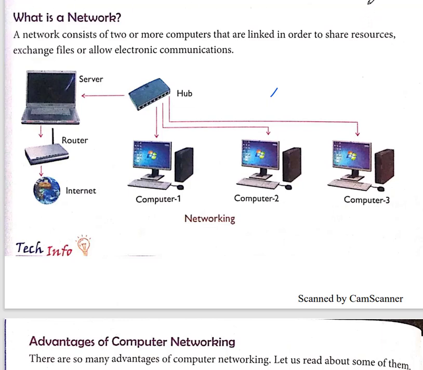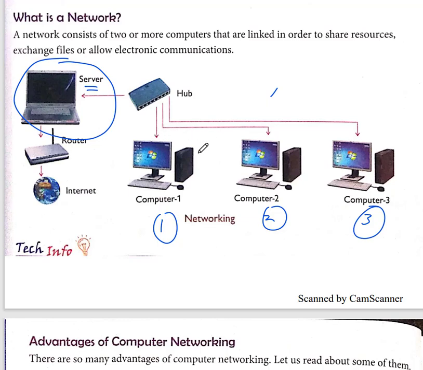You can see here in this picture that this PC over here is a server PC. Okay, and we have to connect it to computer number 1, computer number 2 and computer number 3. So how will we connect? We'll have a networking cable, see these lines over here?